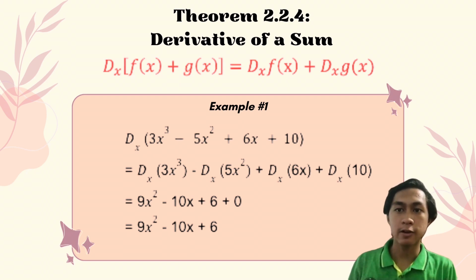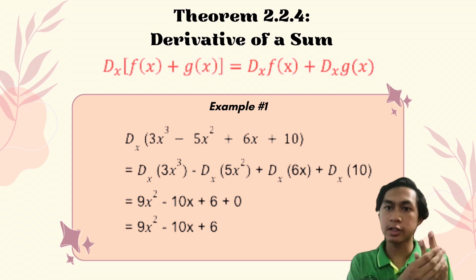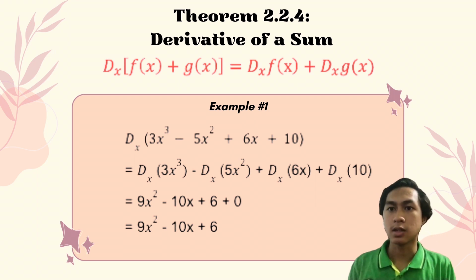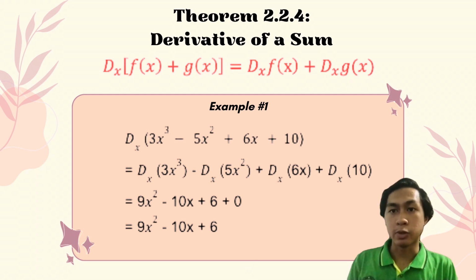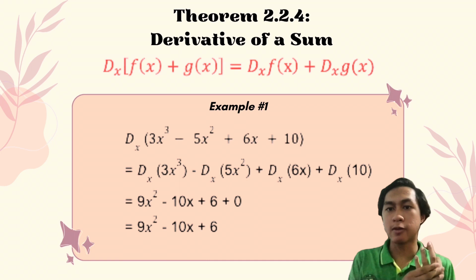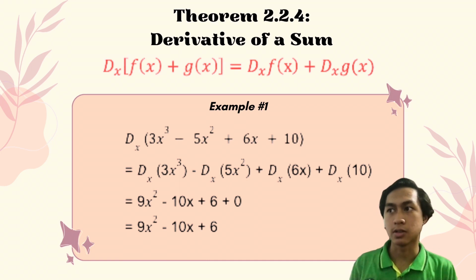Take note that for the last three derivatives we have, whenever you come across a certain given, always find their derivative, and we will use the three derivatives we've talked about before. So for this example, let's find their derivative. The derivative of 3x cubed is equal to 9x squared.